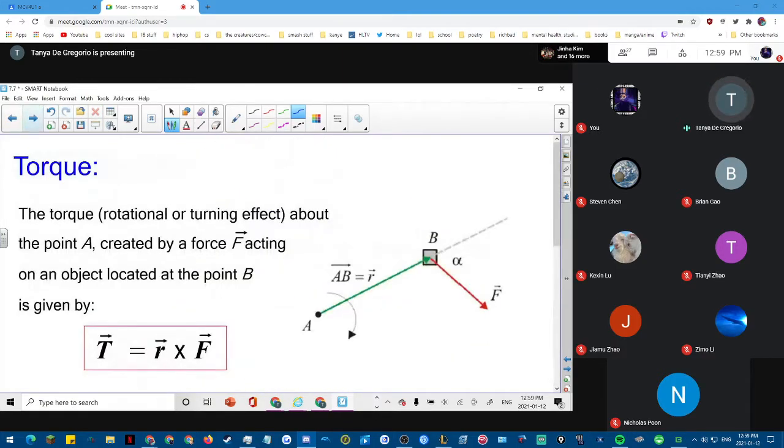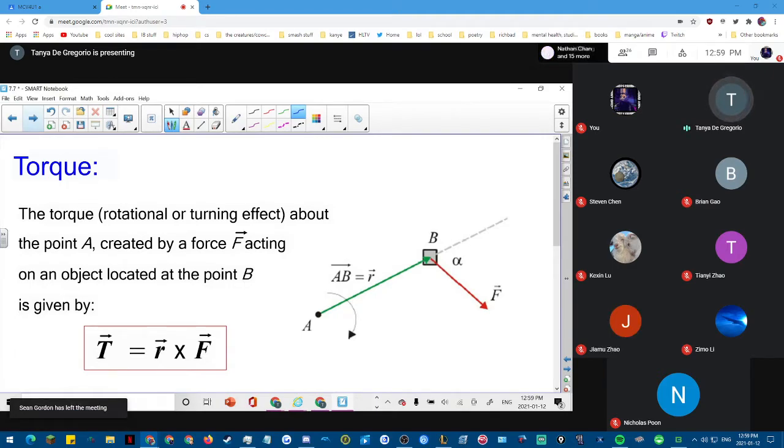Okay, so let's talk about torque. I'm sure everyone has heard this word. I know that as a kid, I remember hearing the word torque with reference to a car. Okay, so what is torque? Torque is rotational or turning effect about a point A, created by a force acting on an object located at another point B, and it is given by your cross product. So let's understand this.